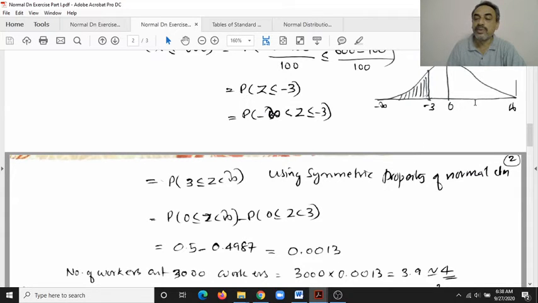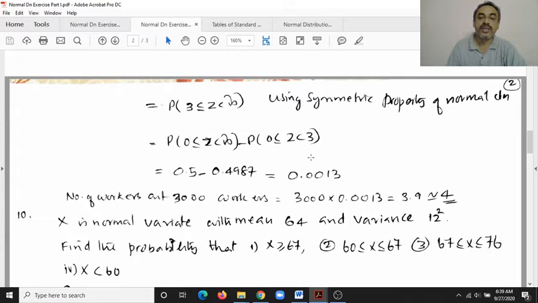From the entire right side 0 to infinity, we subtract the area from 0 to 3. The area from 0 to 3 can be obtained from tables of standard normal distribution. If you subtract the area from 0 to 3 from the area from 0 to infinity, the remaining area will be the area from 3 to infinity.